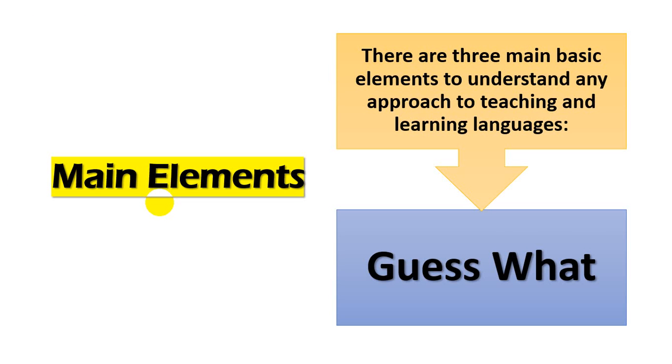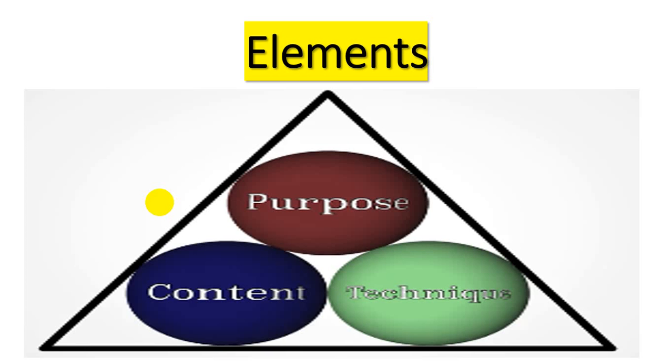That's why we have three main items when it comes to teaching. The first item is the purpose, the second one is the content, the third one is the technique. Which of them do you think is the most important one? Which of them is the most significant? Which comes first? In fact, the purpose comes first.